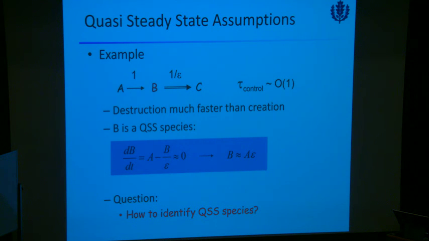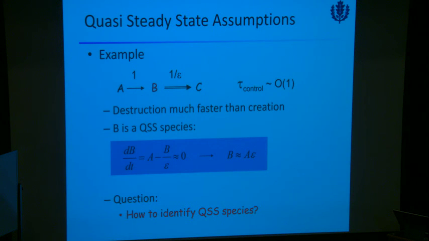For example, if you have an oxygen-fuel mixture with some leakage of nitrogen, a little bit of nitrogen in the mixture, it's not reacting. You cannot possibly assume nitrogen is in steady state, because otherwise, if you solve it, you will get a totally wrong answer. You will get divided by 0. So small concentration is not a sufficient condition to identify a quasi-steady-state species, right?